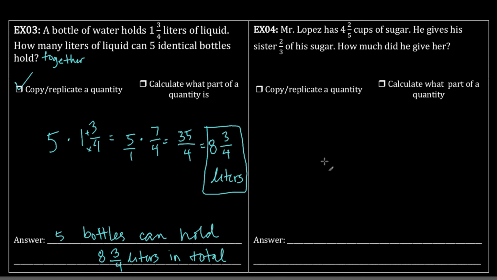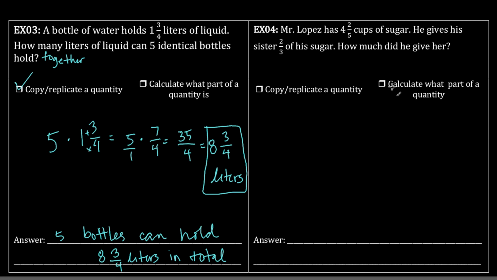Last one. Mr. Lopez, that's me, has 4 2/5 cups of sugar. He gives his sister, so I have a sister, I give her 2/3 of my sugar. Not 2/3 of a cup. I gave her 2 out of 3 groups I can make with my sugar. How much did he give her? So I'm not copying anything.